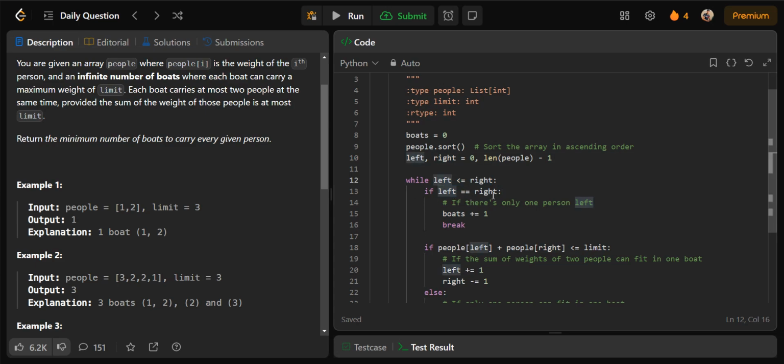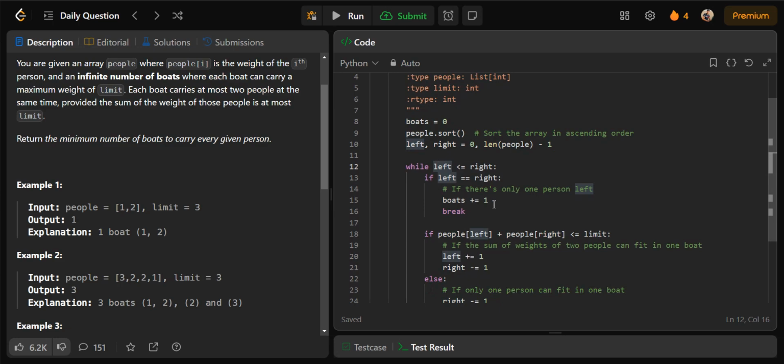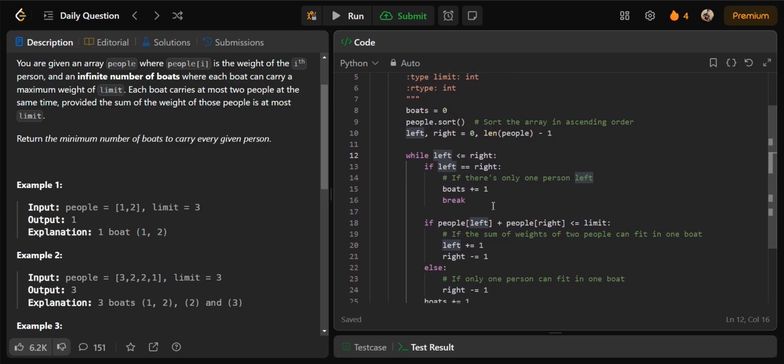If left equals right, this says that there is only one person in the people array, so we can increment boat by one and break.